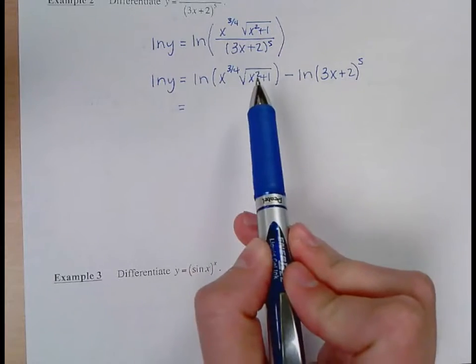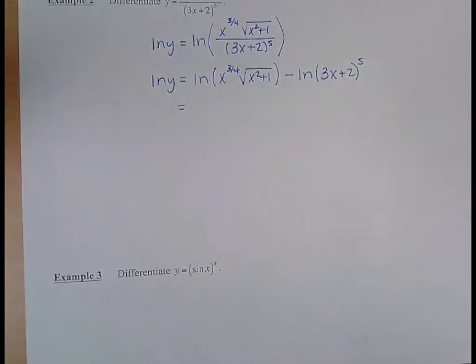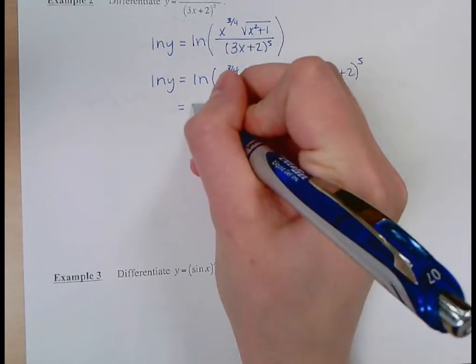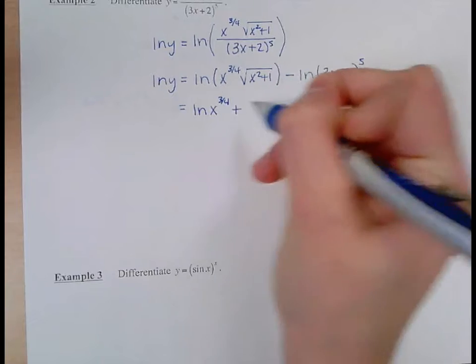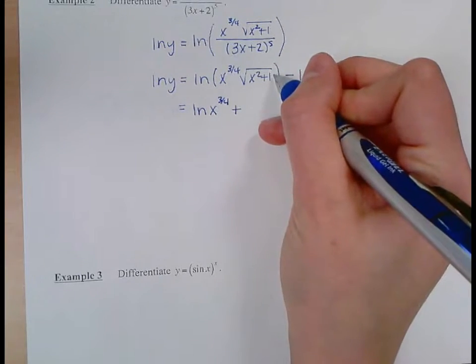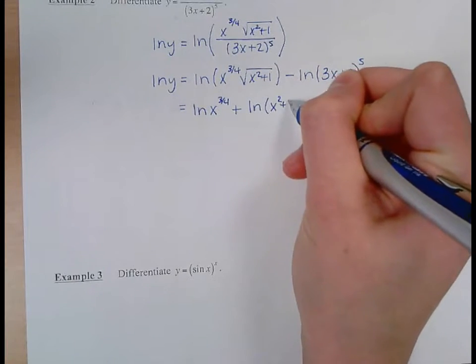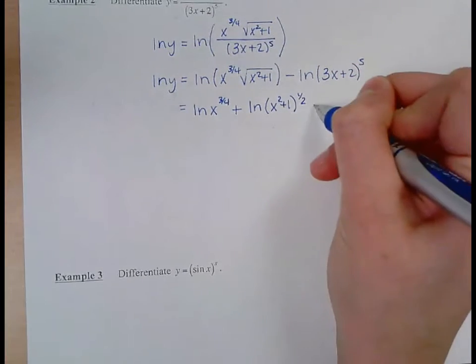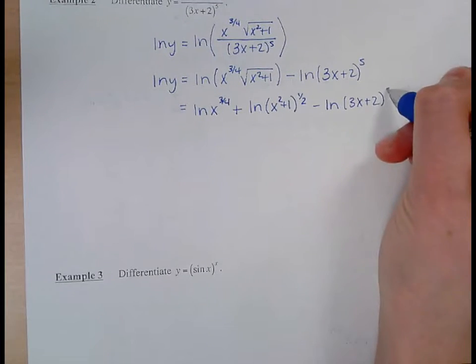On that first natural log, I have a product that I can split into the sum of two natural logs. So natural log of x to the 3/4 plus, and I'm going to write the square root as that quantity to the 1/2. So natural log of x squared plus 1 to the 1/2, minus natural log of 3x plus 2 to the 5th.